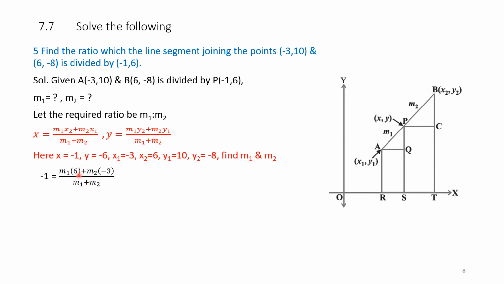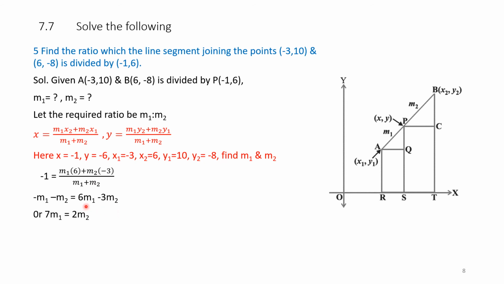Therefore, -1 is equal to (m1 into 6 plus m2 into -3) divided by (m1 plus m2). Cross multiplying, we get -m1 - m2 is equal to 6m1 - 3m2.